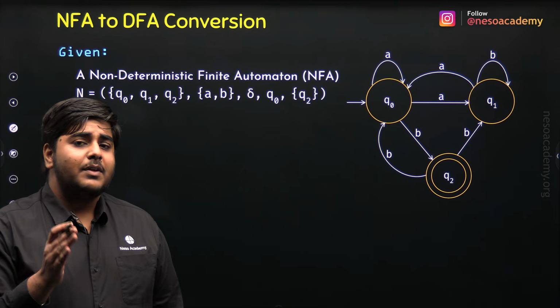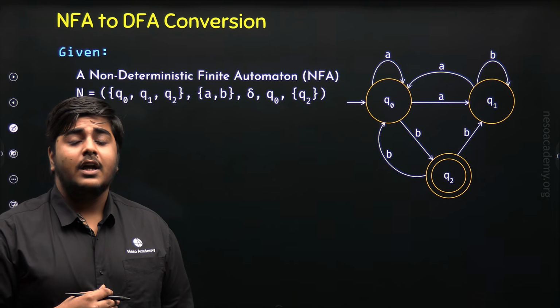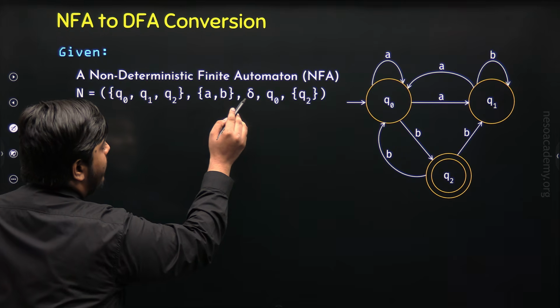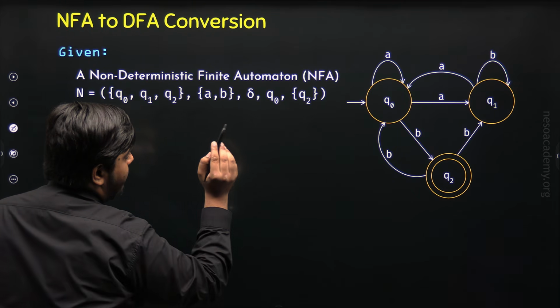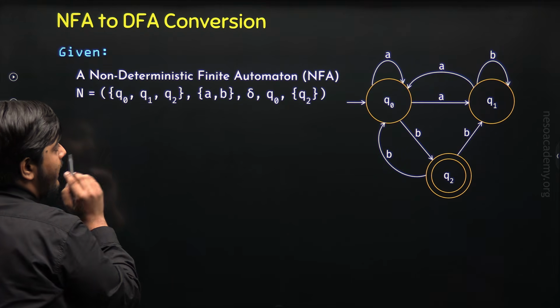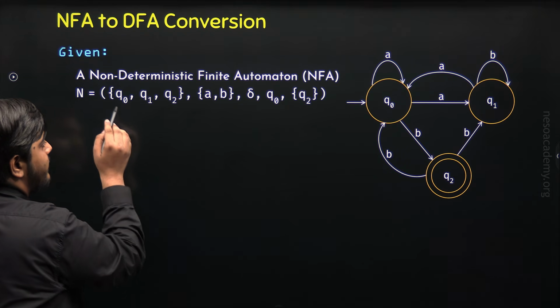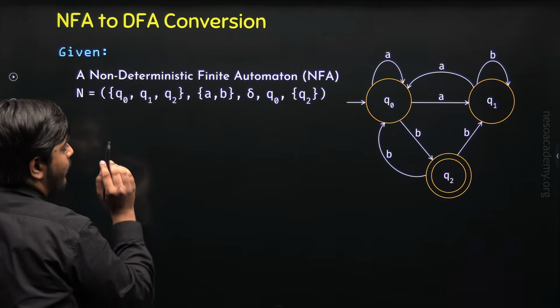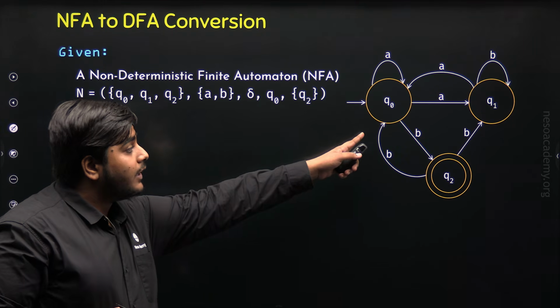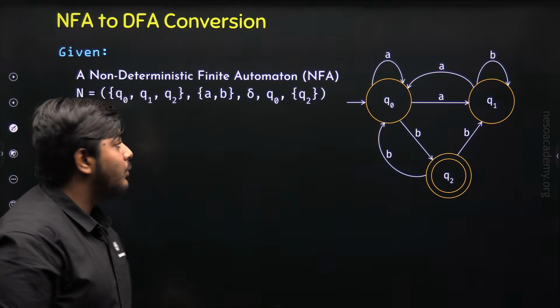We know that the 5-tuple representation of an NFA contains 5 elements: Q, sigma, delta, Q0 and F. Q is the set of states of an NFA and you can see this set contains the elements Q0, Q1 and Q2, which means we have only 3 states in our NFA that are Q0, Q1 and Q2.